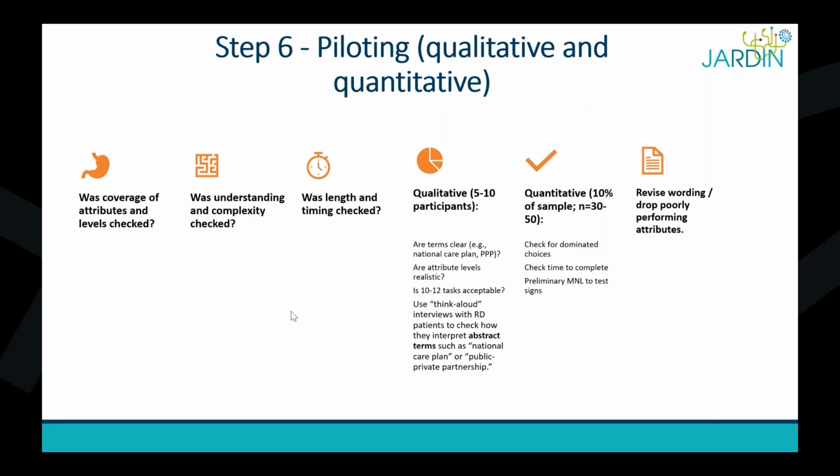We check whether the signs are as expected, how much time it takes to complete the survey, and other things. If we find some errors, there is an opportunity for us to revise the wording. And if there are things that should be dropped, we do all of this at this stage before we actually collect the main survey.